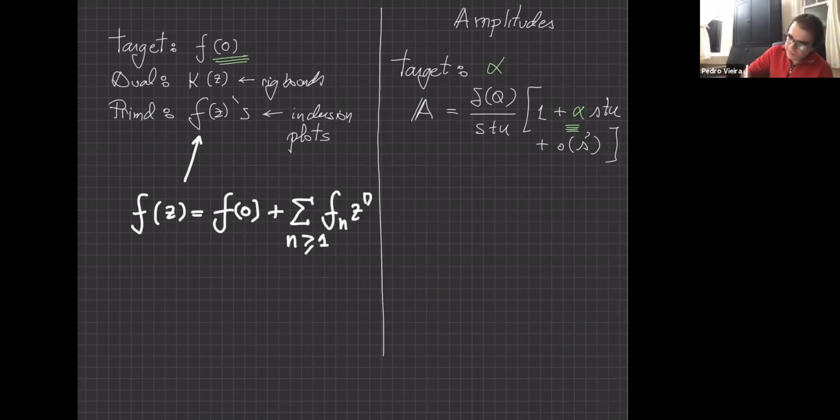So now we need the analog of this statement that says that my amplitude A, which doesn't have this double line on the top, is just what multiplies the delta function. We have to say it's 1 over STU plus alpha, and then alpha is our target, right? Like here, f of 0 was our target.